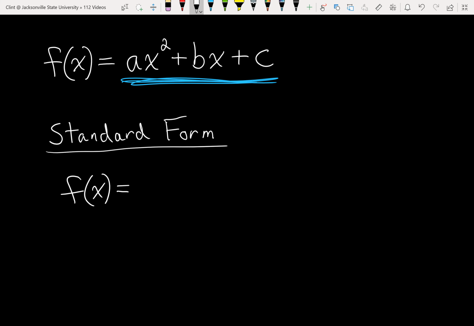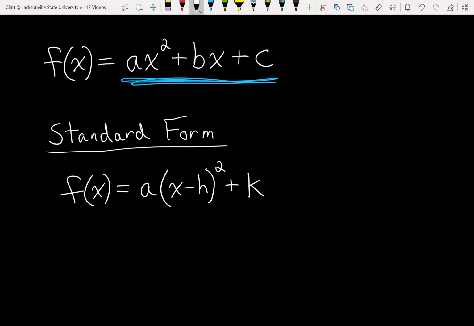And we're not going to worry about going back and forth between the two forms this semester, but we can rewrite it in this standard form, and the standard form would look like this. It would look like a times, and then we would have x minus some number that we're going to call h in parentheses squared, and plus k.